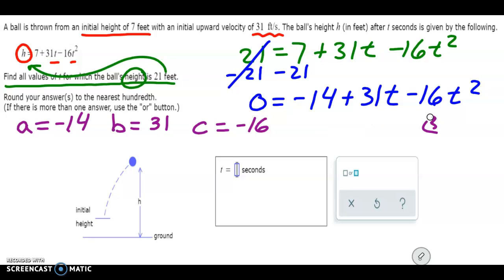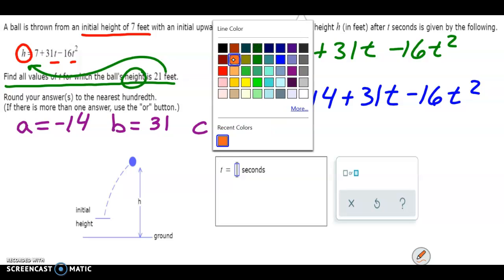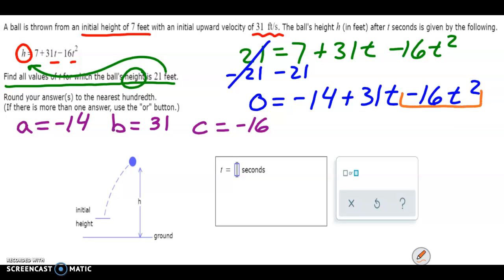So we have to make sure we are actually in standard form, which is making sure that your t squared term is coming first. So we should actually be looking at 0 equals negative 16t squared, your t term is coming second, plus 31t, and then that constant is coming last, minus 14.